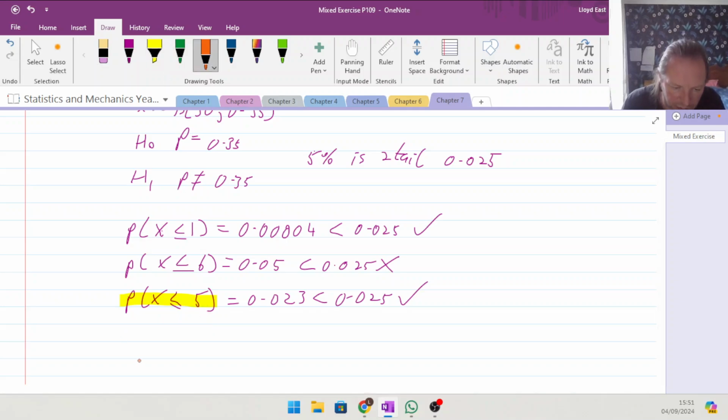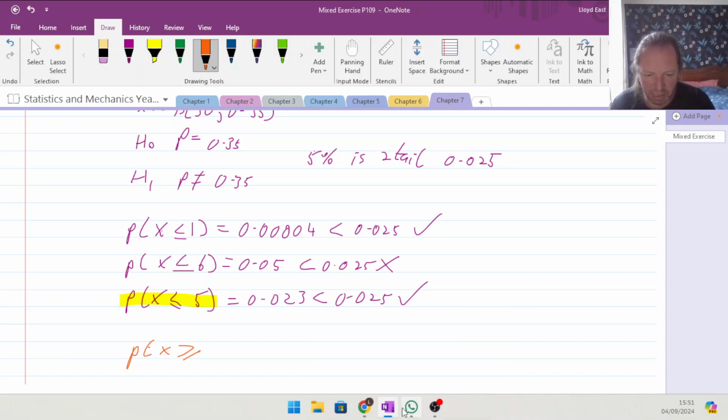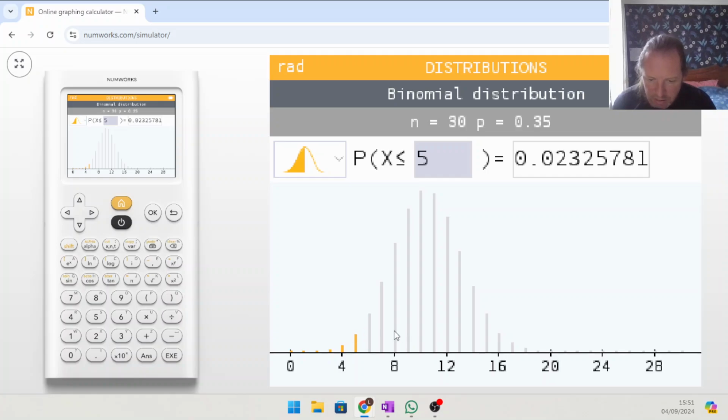Right, so now we need to go on to the other end of this, and we need to look at the probability that x is greater than or equal to some value. Just looking at that graph, I'm going to start with 16 because I've got a clue here, but I could just start guessing. So let's start on 16 and see where that gets us.